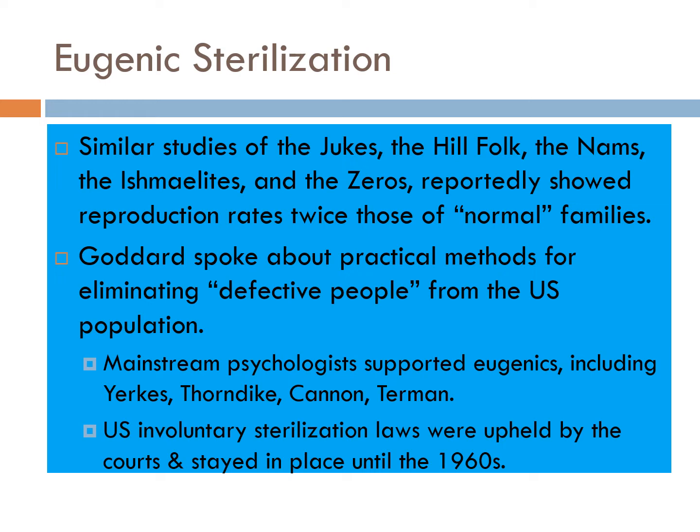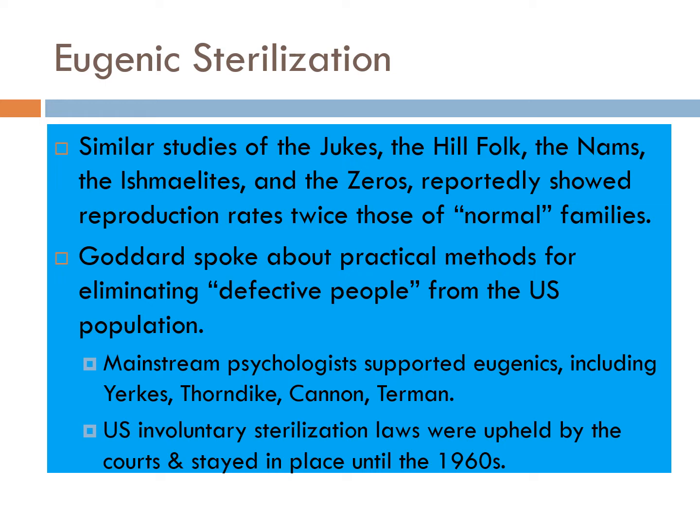We had mainstream psychologists like Yerkes, Thorndike, Cannon, and Terman all supporting this notion of eugenics via sterilization, right? U.S. involuntary sterilization laws were upheld by the courts and stayed in place until the 1960s, and in some places were done in secret all the way up until the 1980s.